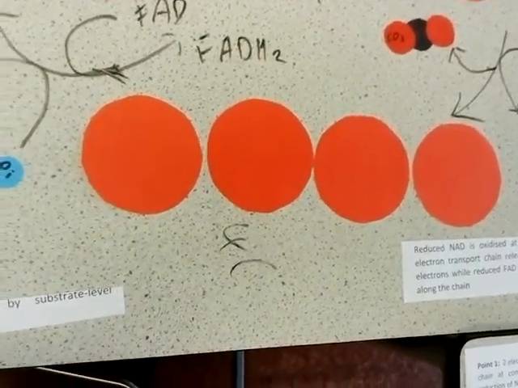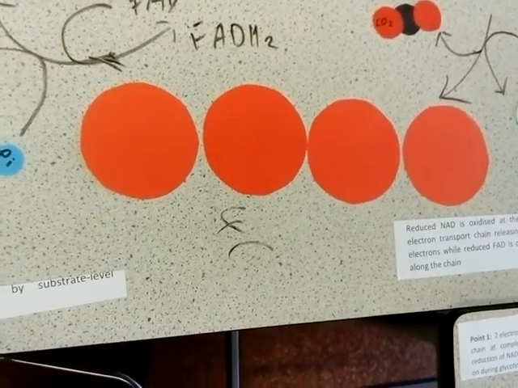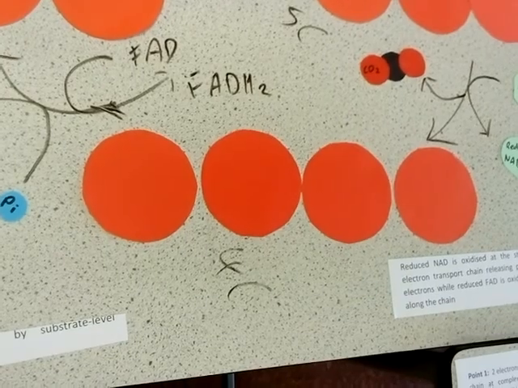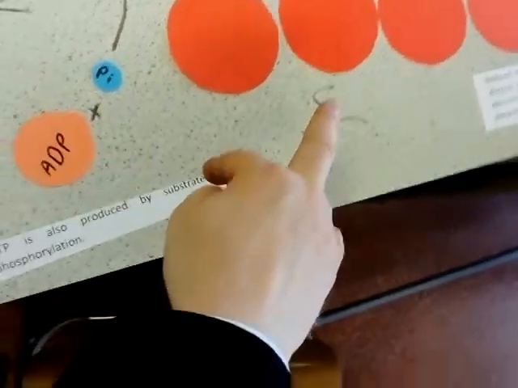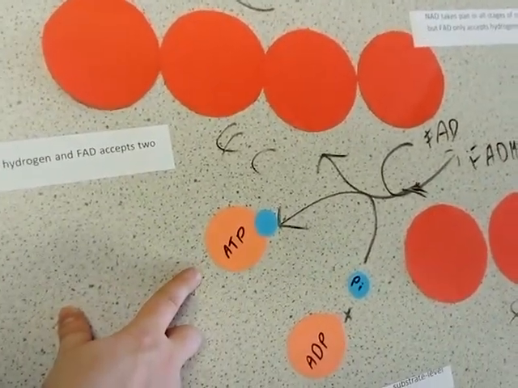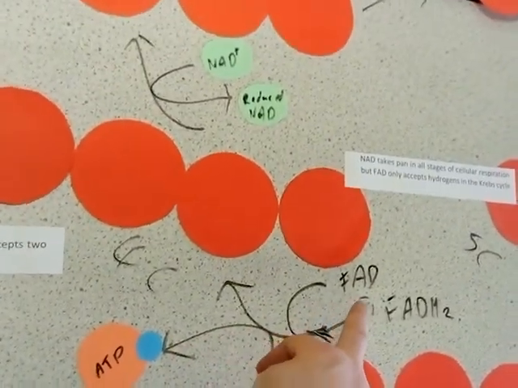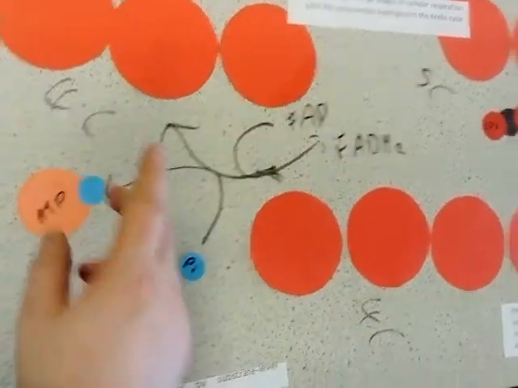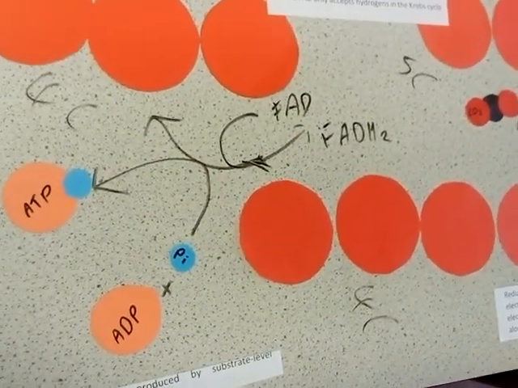Remember, your reduced NAD is going to move down into your electron transport chain. The 4 carbon molecule moves around and is dephosphorylated, forming another molecule of ATP, and is dehydrogenated by FAD, which forms FADH2, which moves down into your electron transport chain.